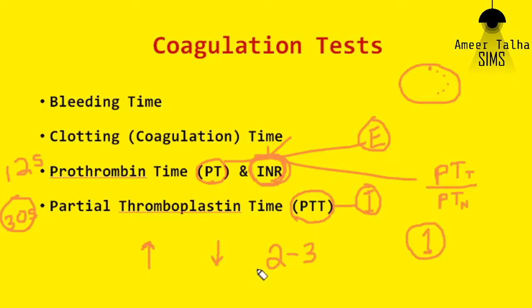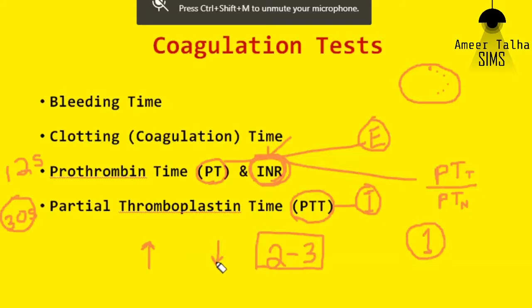So we have to keep the INR between 2 to 3 in patients in which warfarin is being administered. Remember, if INR is on the higher side, there are more chances of bleeding. If INR is on the lower side, more chances of clotting. So we have to make a balance, right?